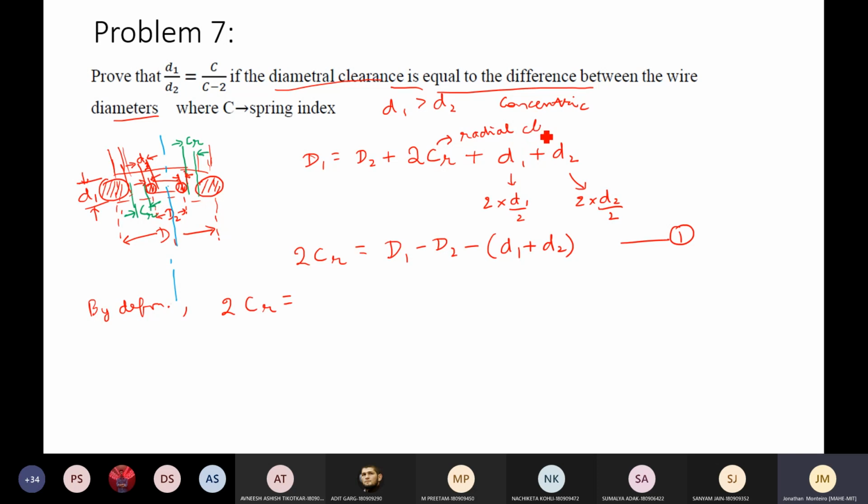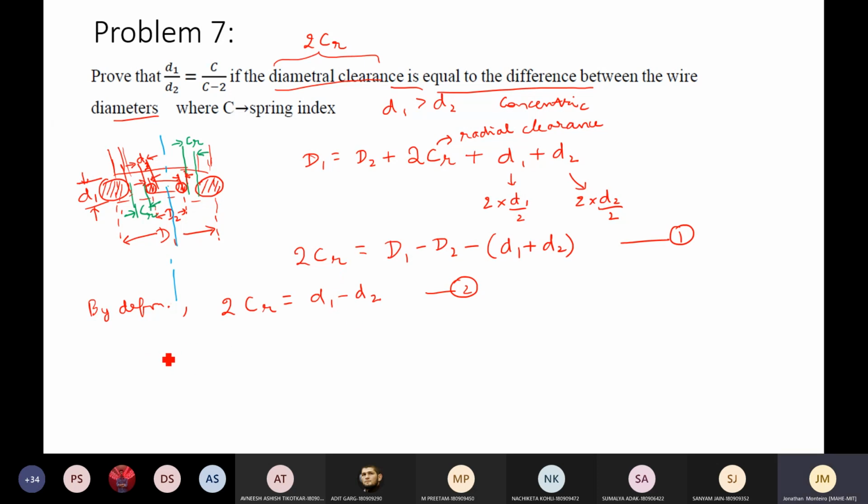This is radial clearance, CR. 2 times the radial clearance will give the diametrical clearance, which must be equal to the difference between the wire diameters, D1 minus D2. This is a condition they have put by definition. Let this be equation 2. So again, diametrical clearance means 2 times CR.